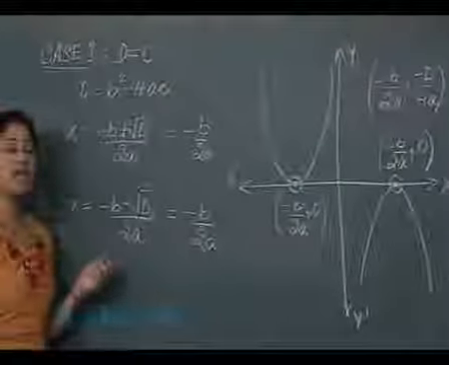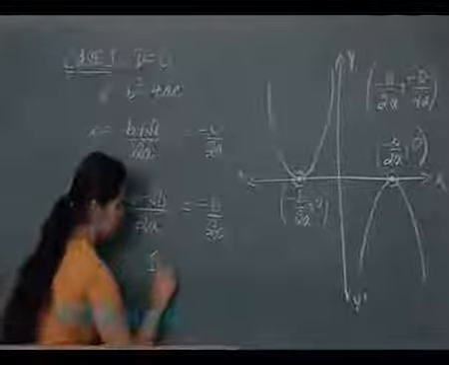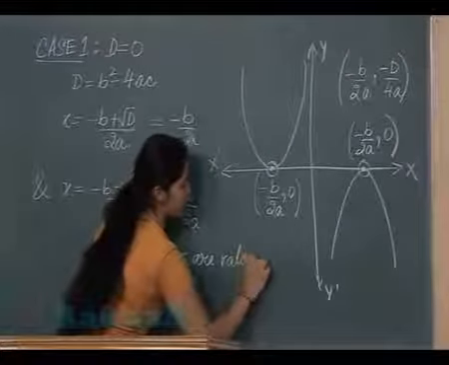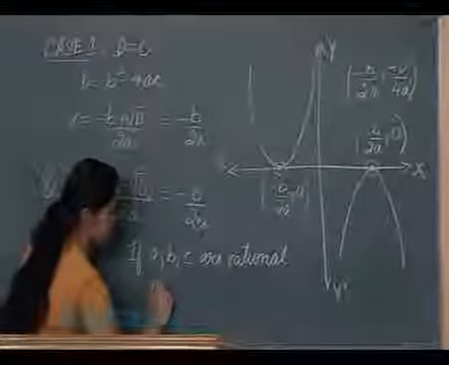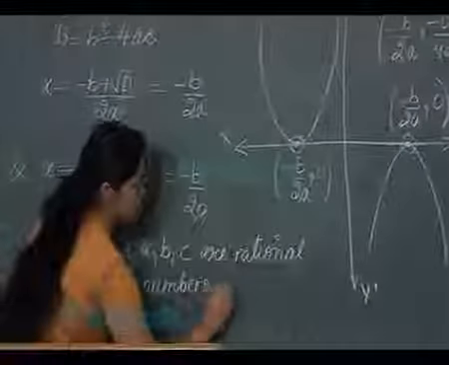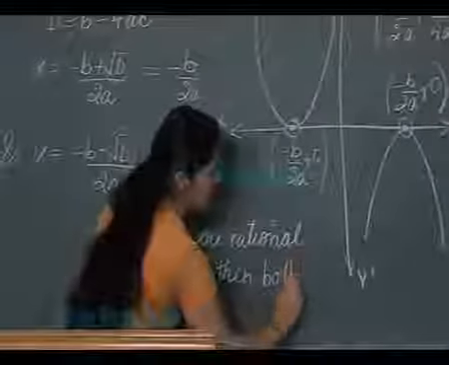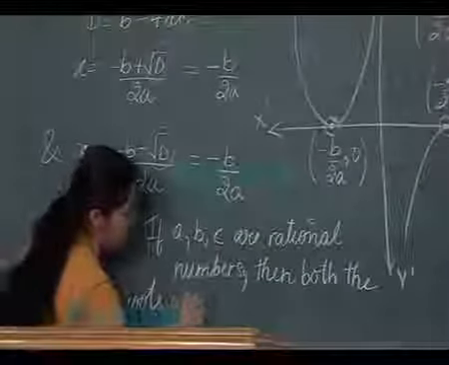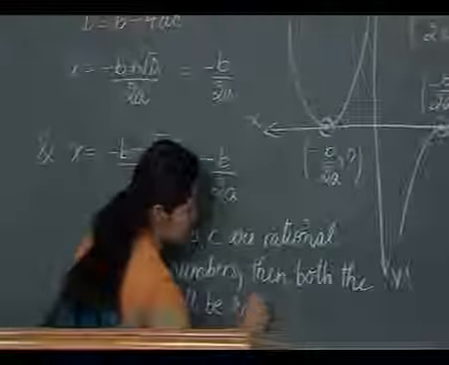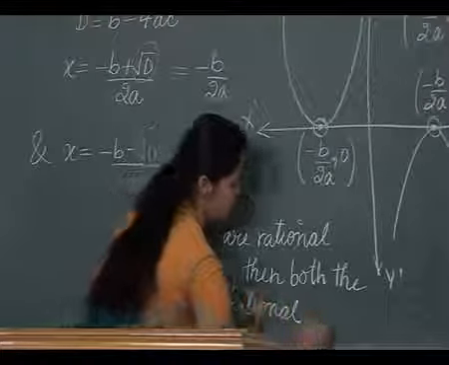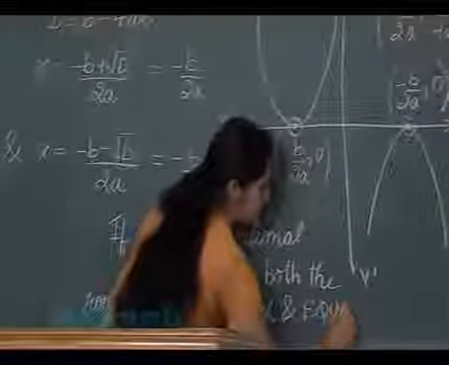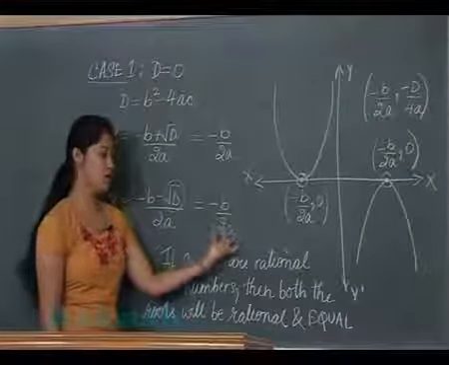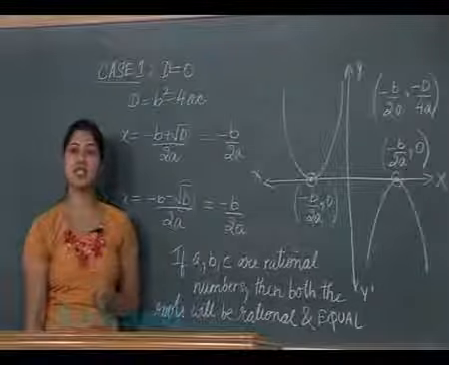Now here students, if I write it down, if a, b and c are rational numbers, then both the roots will be rational and equal, because we can see here that both the roots become minus b upon 2a whenever the discriminant D is equal to 0.